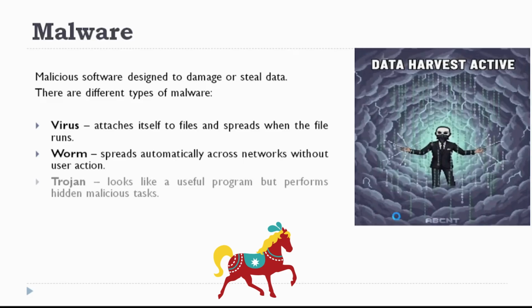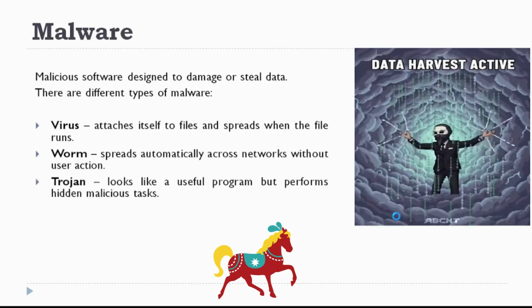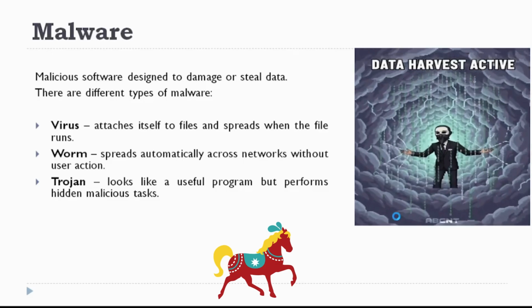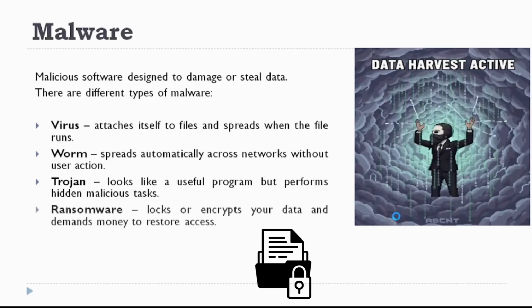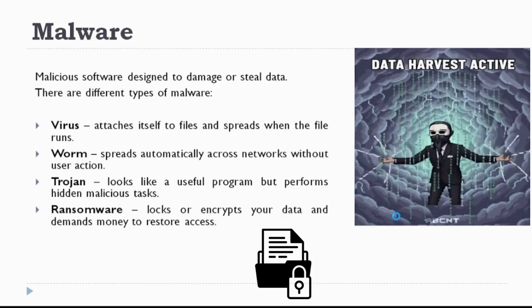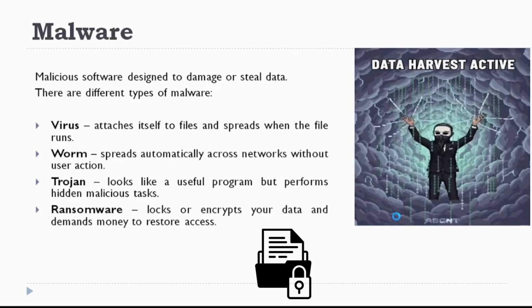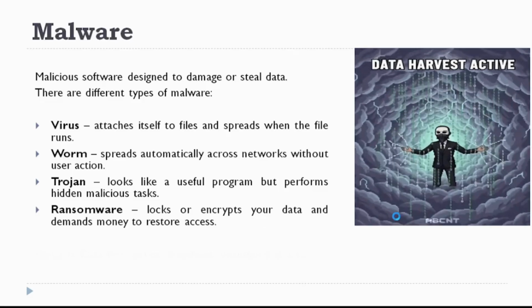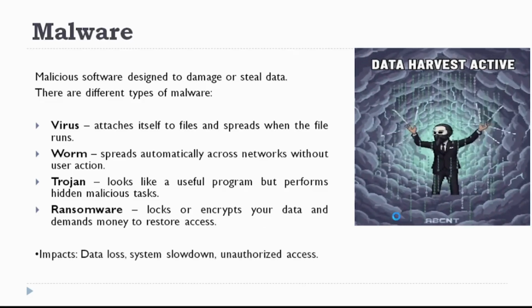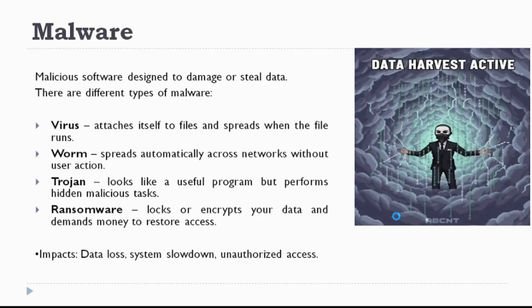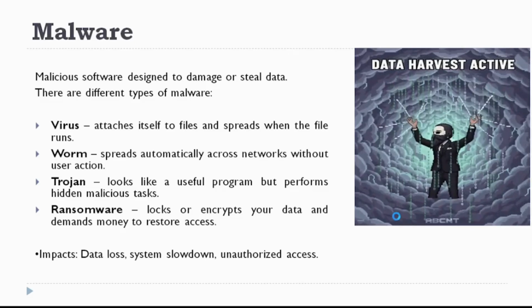There is also a Trojan that appears useful but hides harmful activities. There is ransomware that encrypts data and demands payment. So basically, malware threatens all three principles of security, that is confidentiality, integrity, and availability.